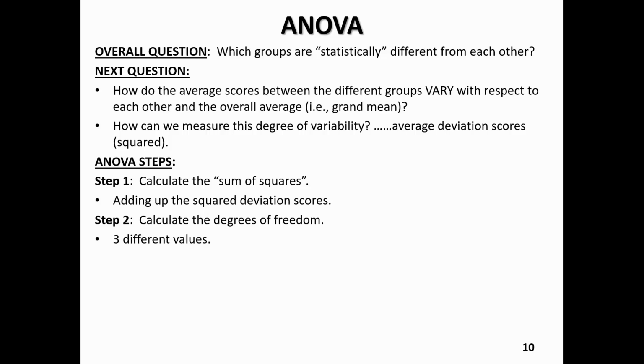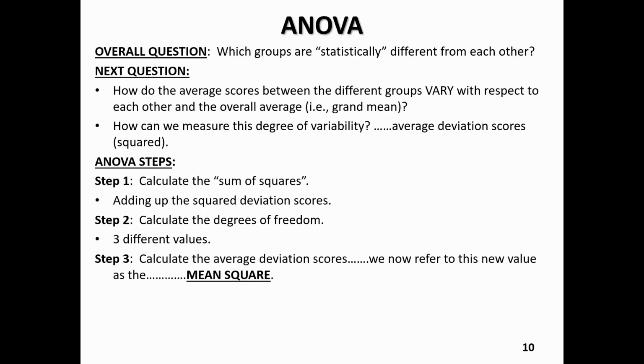Now with ANOVA, we have 3 different degrees of freedom values that we would have to calculate, and we'll certainly get to that. The third step is to calculate the average deviation scores, but now instead of calling it a variance, we call it a mean square. So the mean square, that is the accepted term in the ANOVA procedure, is mathematically a variance calculation.